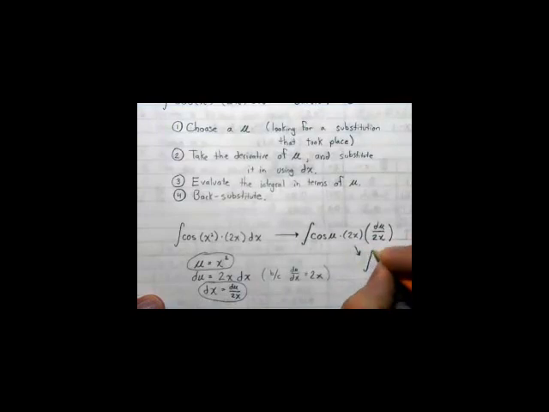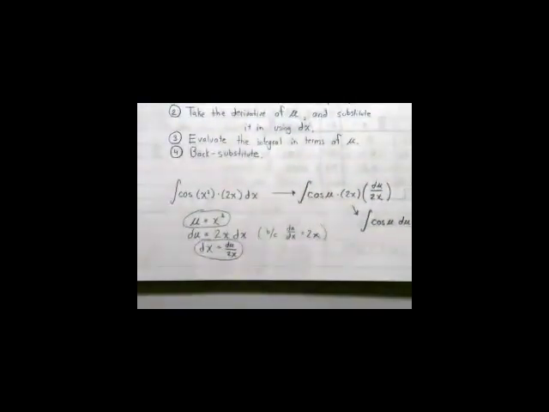So I've got the integral of cosine u du. So if I do the antiderivative of this thing in terms of u, which is step 3, evaluate the integral in terms of u, I can do that, right? I know the antiderivative of cosine. That's easy. I've taken a difficult integral, something that looks complicated, and I've rewritten it in such a way using u to take the antiderivative of it.